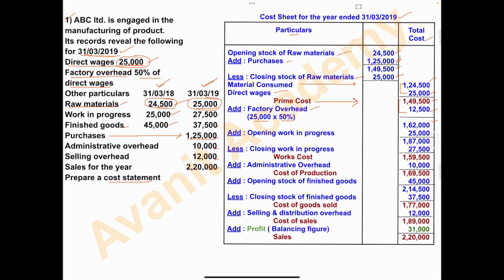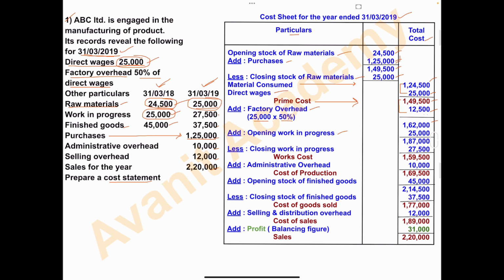In this problem, they have given work in progress. Opening work in progress, we have to add, and closing work in progress, we have to less. So right here, add opening work in progress. Opening work in progress amount is, see the problem, 25,000 work in progress on 2018, that is the opening.